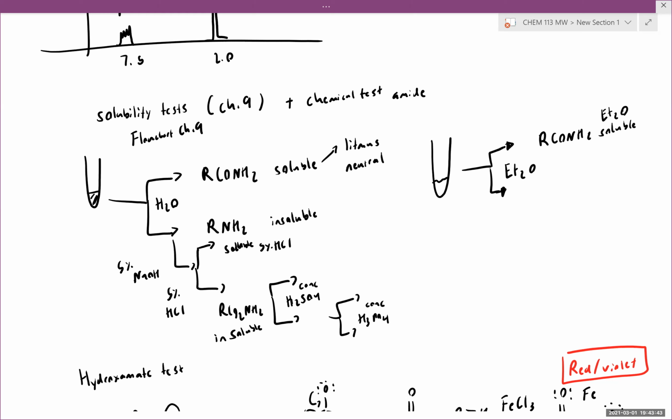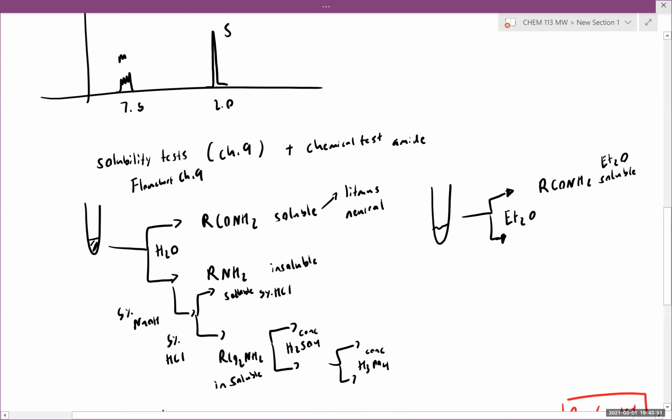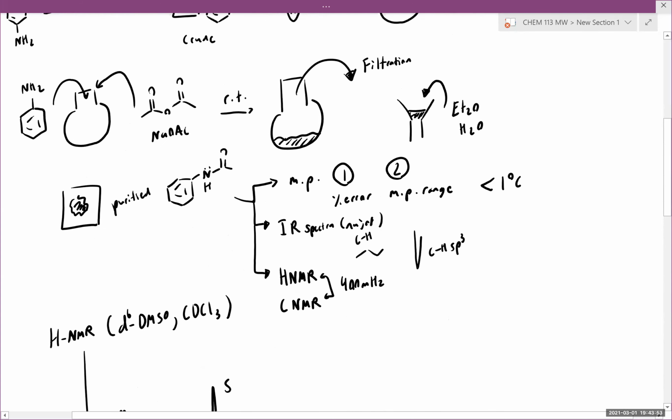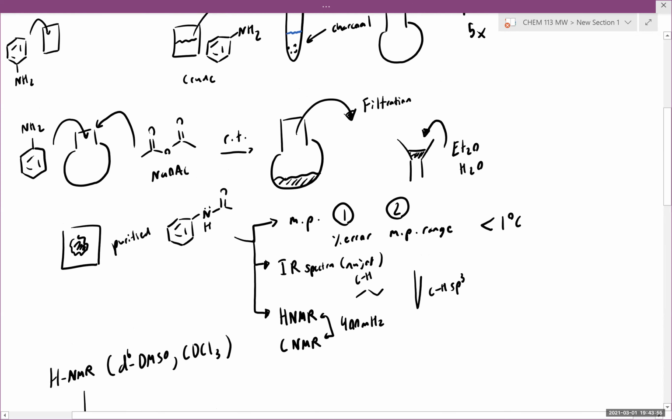Sure. And you want to make sure for your procedure that you include and follow the rinsing step from the lab manual. Let me just correct that. So our product doesn't have to be purified through any other external trituration.